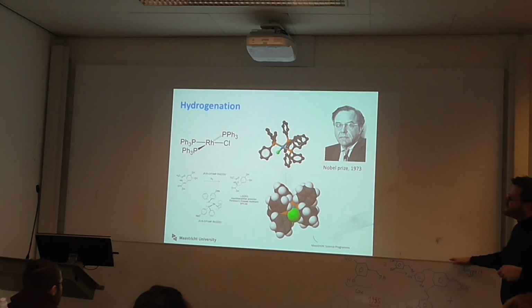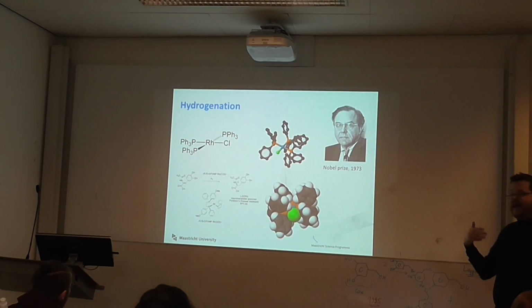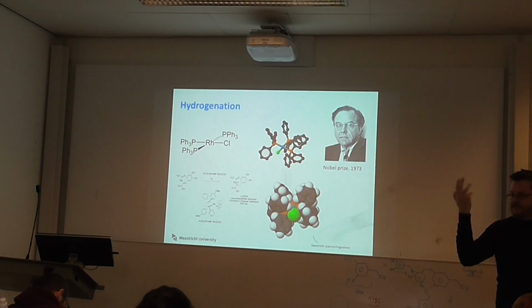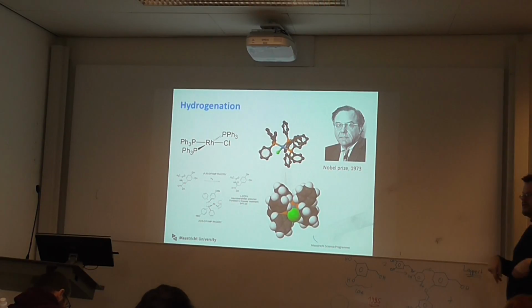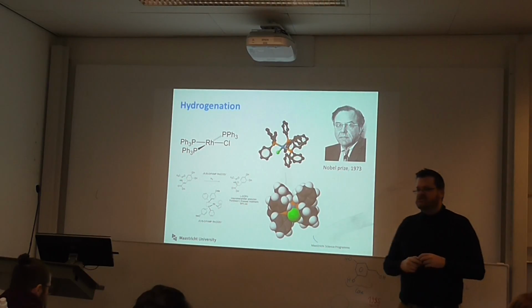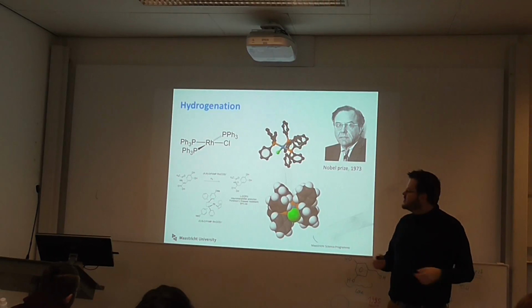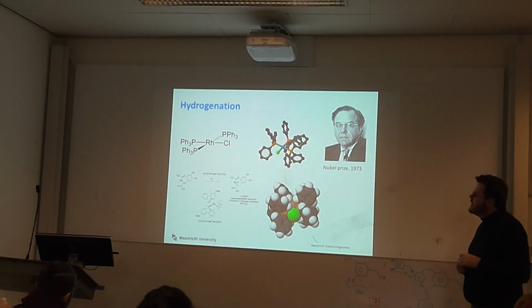And then we discussed the classic complex of Wilkinson, this rhodium-1 compound, and we looked at the catalyst cycle, the first step and the rate-determining step being oxidative addition of hydrogen, followed by alkene coordination. We have insertion and reductive elimination to get the alkane, basically, or the saturation of the C=C double bond.